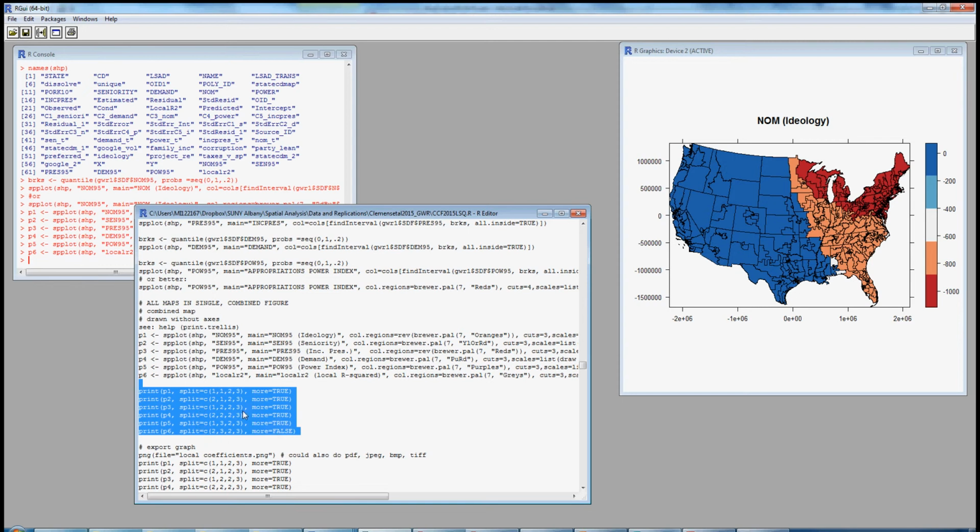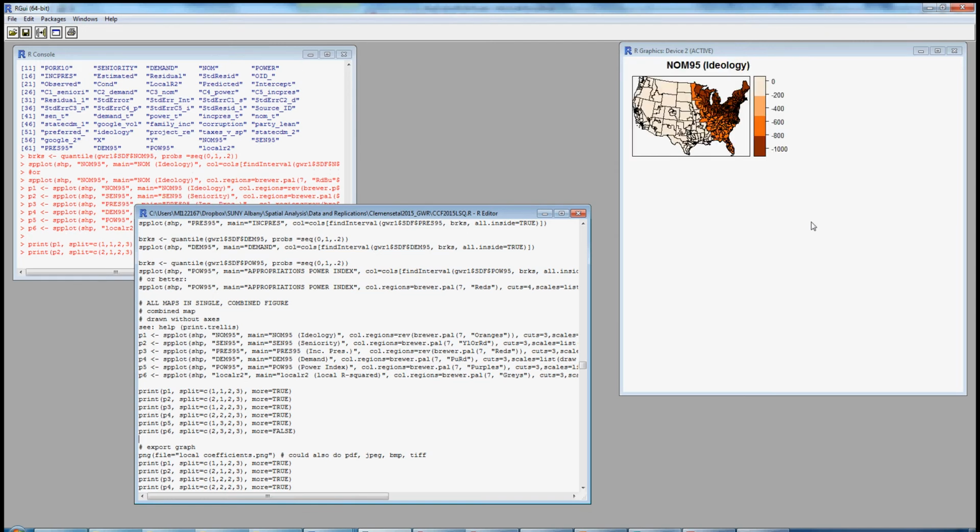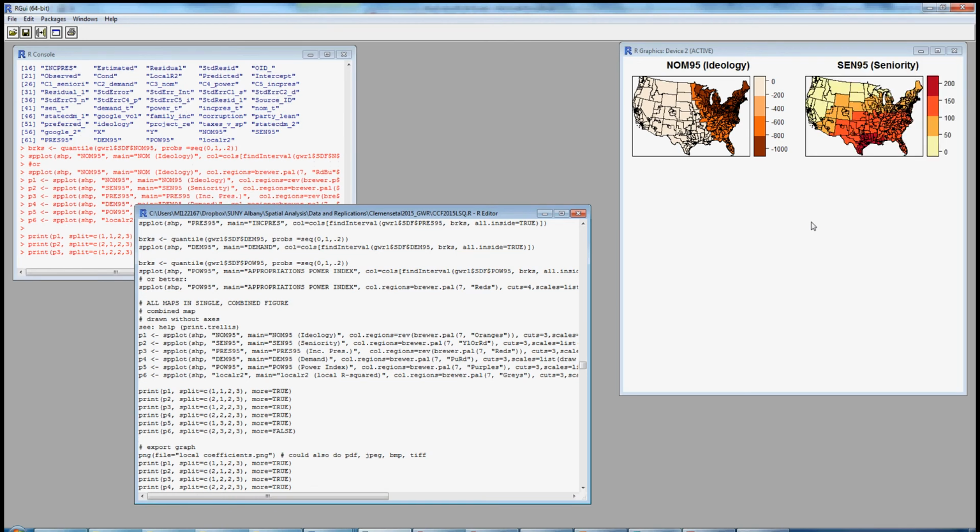So we could say Control R here, and a single combination map with all 6 plots will be generated, starting with the ideology plot. So there's our ideology plot in one color pattern, showing the statistically non-significant values on the western part of the United States.